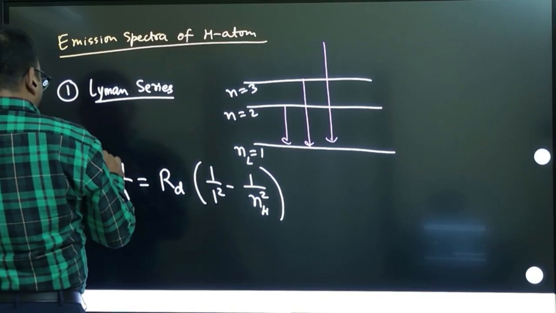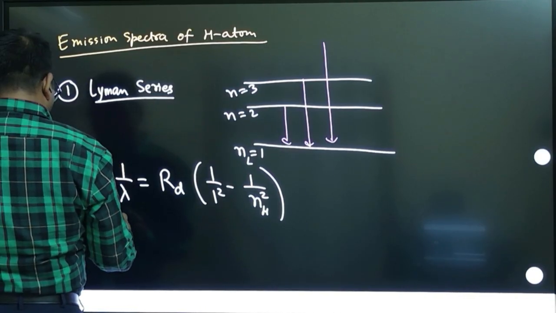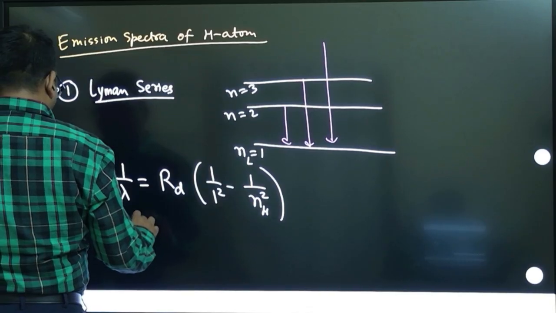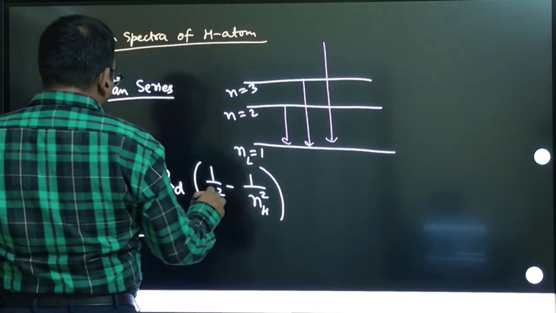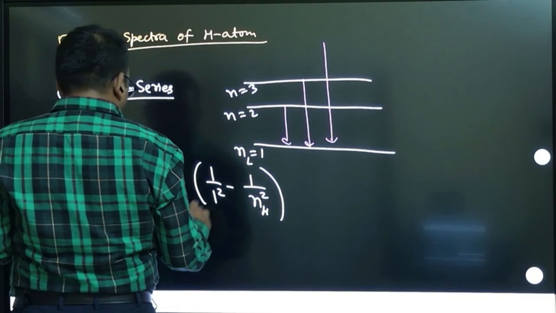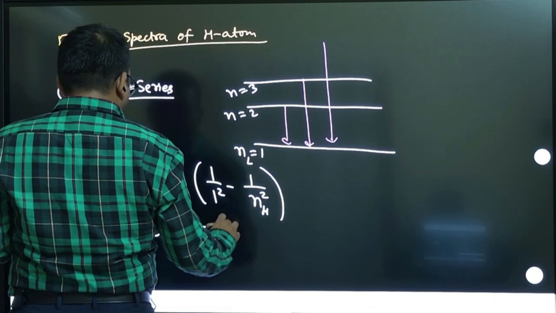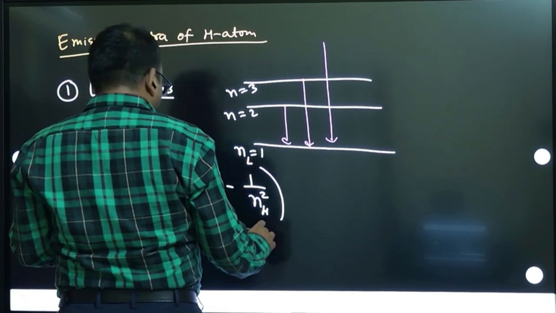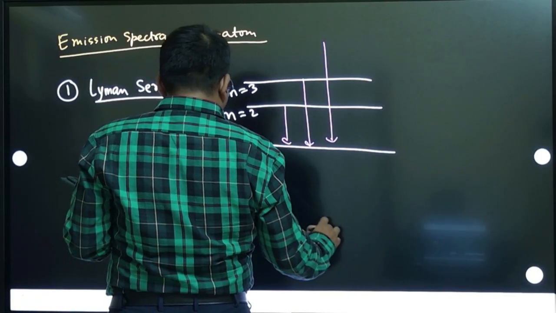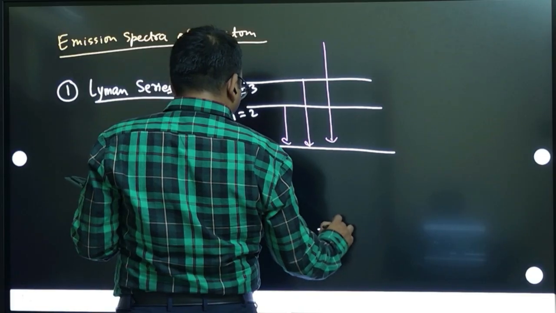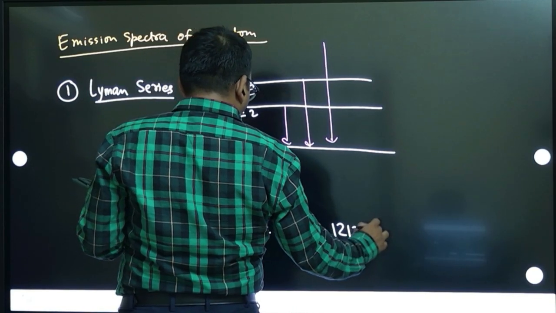Note that the first line is nothing but the transition happening from 2 to 1. In this case, you can calculate the maximum wavelength, and when you calculate, it comes nearly 1212 angstrom.